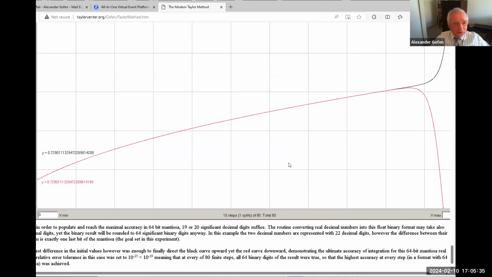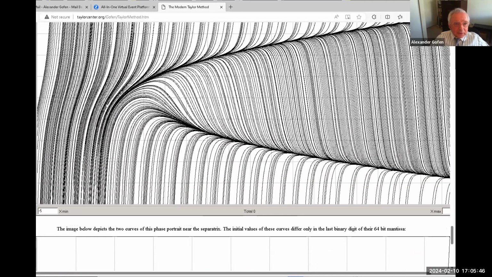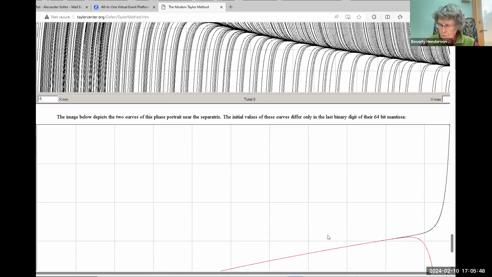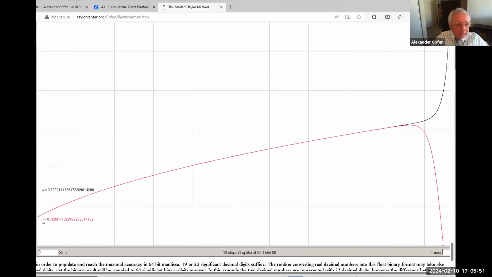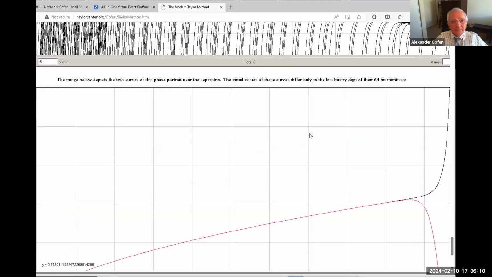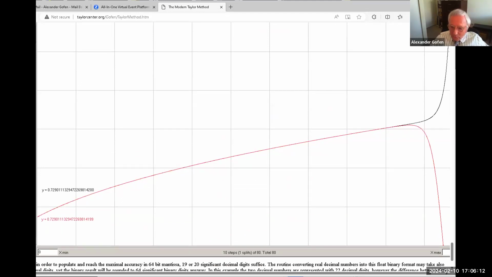And this graph shows how accurate this integrator is, because it integrates the separatrix quite long, and the difference in the initial values here is just one last digit in the 64-bit mantissa. So it keeps on the separatrix for quite a long time, and finally, of course, it splits. Okay, so that was an outline of the possibilities of this software.